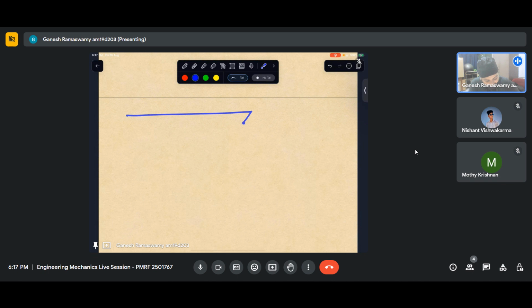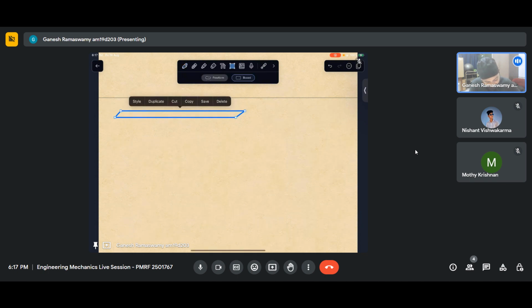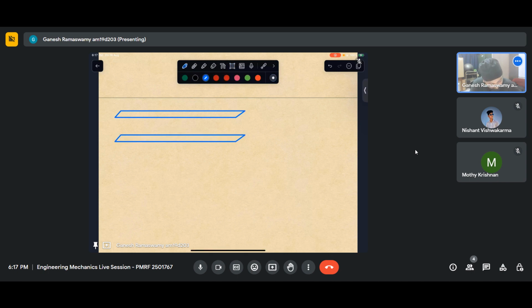Let us say that I have a beam like that. Let this be connected. So let us say this is my beam in 3 dimensions.